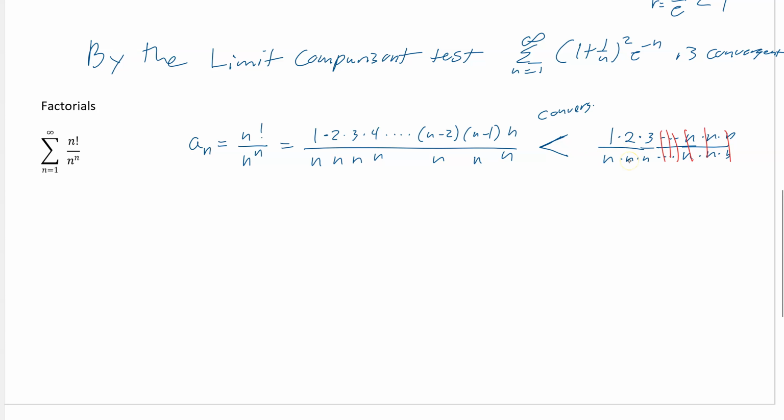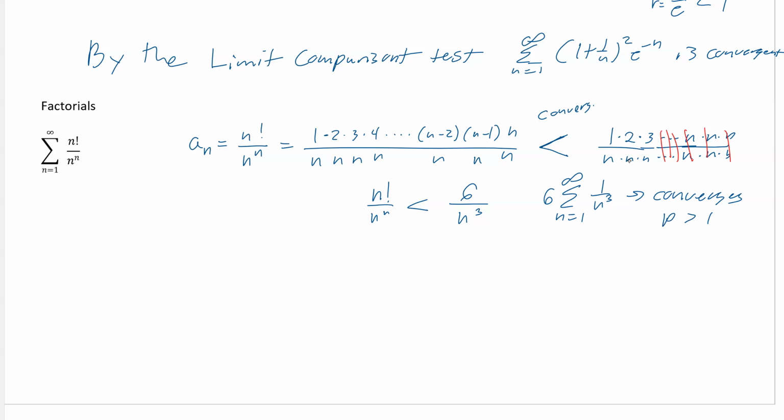So we can say that our n factorial over n to the n is actually less than 1 times 2 times 3, which would be 6 over n cubed. And the sum from n equals 1 to infinity of 6, 1 over n cubed converges because our p is greater than 1.